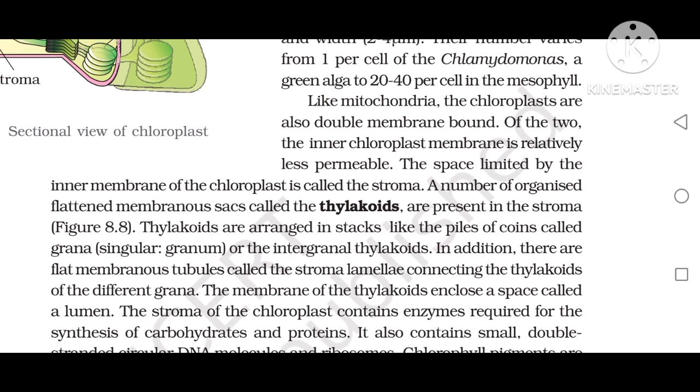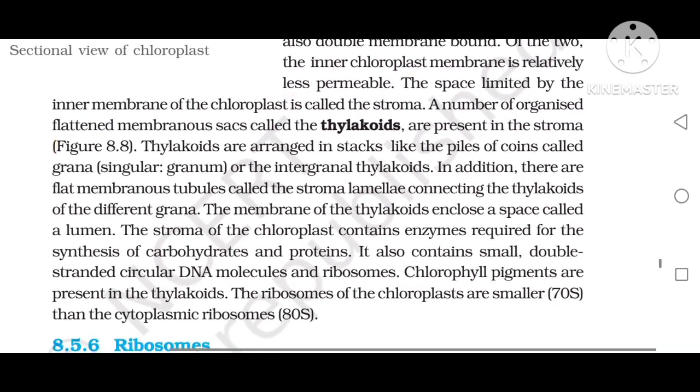Thylakoids are arranged in stacks like piles of coins called grana, singular granum, or the intergranal thylakoids. In addition, there are flat membranous tubes called the stroma lamellae connecting the thylakoids of the different grana. The membrane of the thylakoid encloses a space called a lumen.